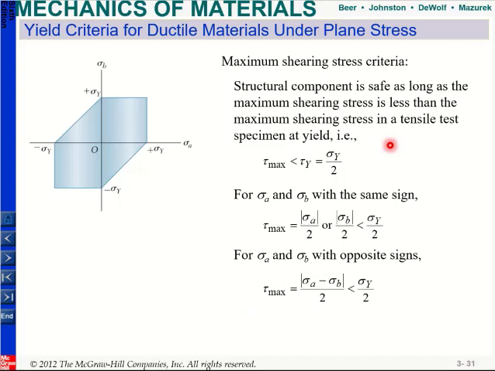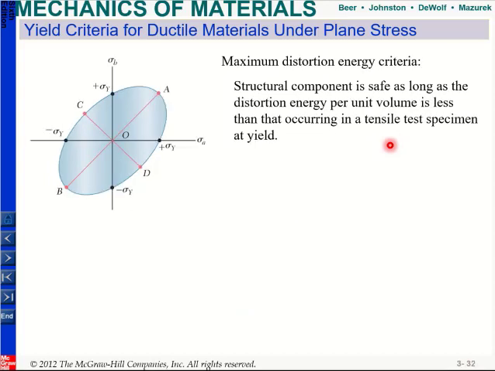Then people did some experiments and found that this one does not always work, so they came up with another idea. They said that instead of just looking at simple shear stress, let's calculate the distortional energy stored in the material.